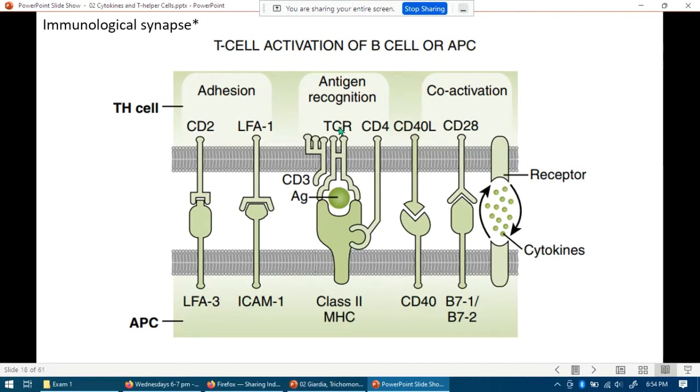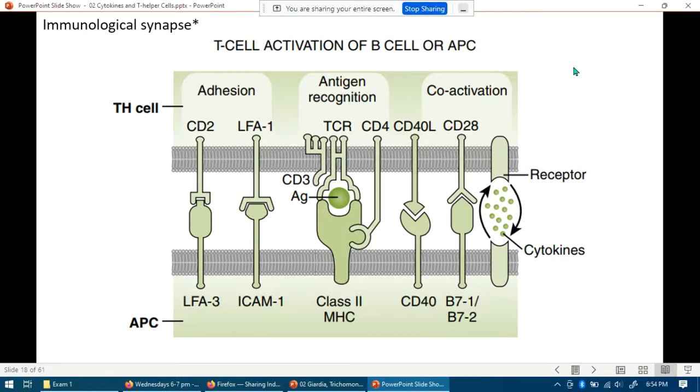All right, and when the T cell receptor binds to that antigen, it causes the T cell to respond with a heck load of cytokines. So the T cell is going to be making just a lot of cytokines. Those cytokines are going to act on the antigen presenting cell, for example, macrophages or B cells or monocytes, and it's going to activate and provide T cell help to that antigen presenting cell.